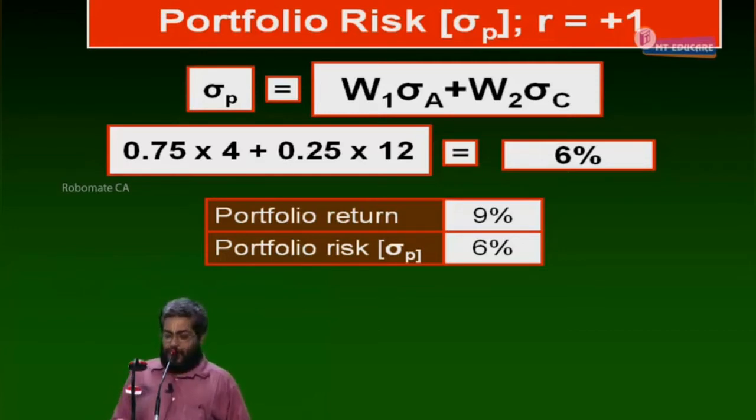Look at the workbook and tell me. E gives 9% return for the same 5% risk. So this portfolio is inefficient compared to E. Right? Because E gives the same return for a lower risk. So this portfolio is inefficient.